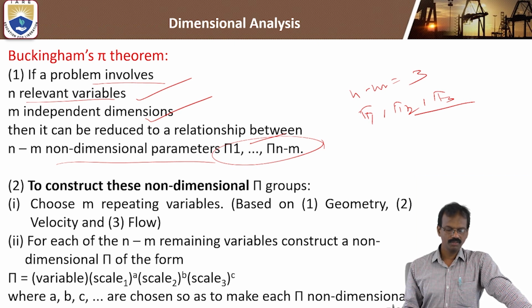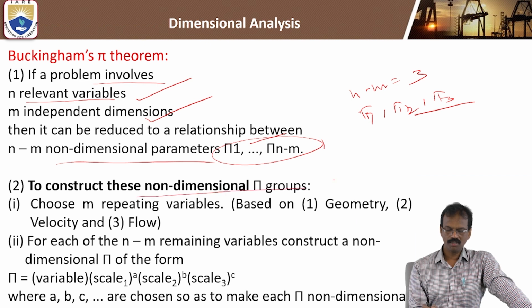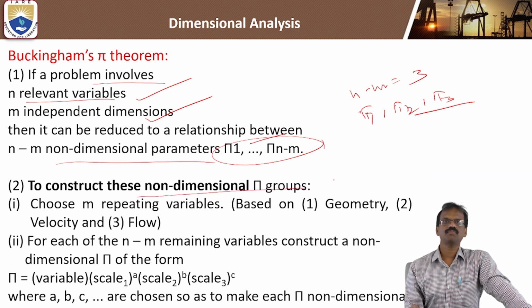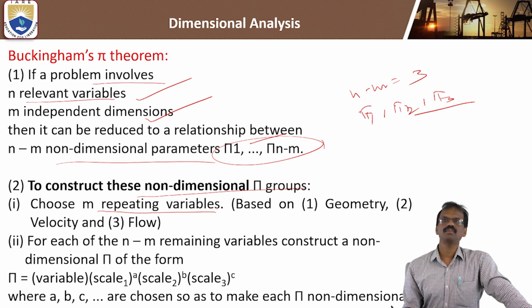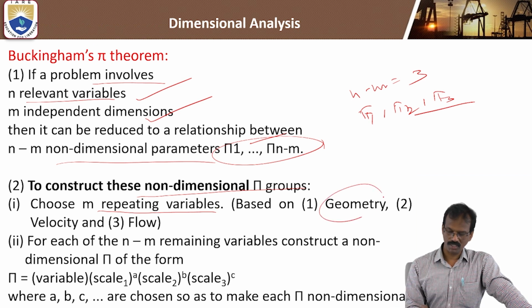To construct these non-dimensional pi groups, first of all choose m repeating variables. What are the repeating variables? Based on geometry, velocity, and flow, we have to identify the repeating variables.